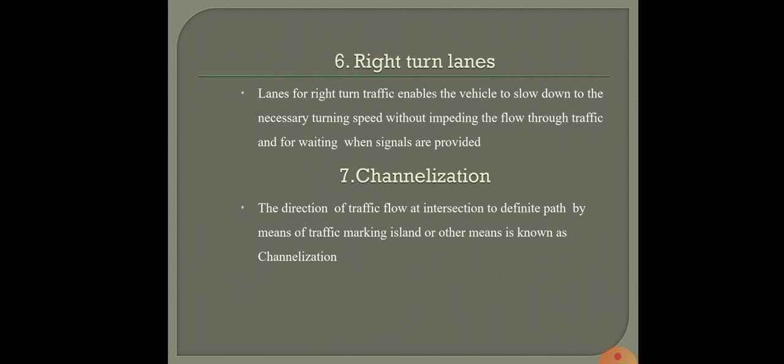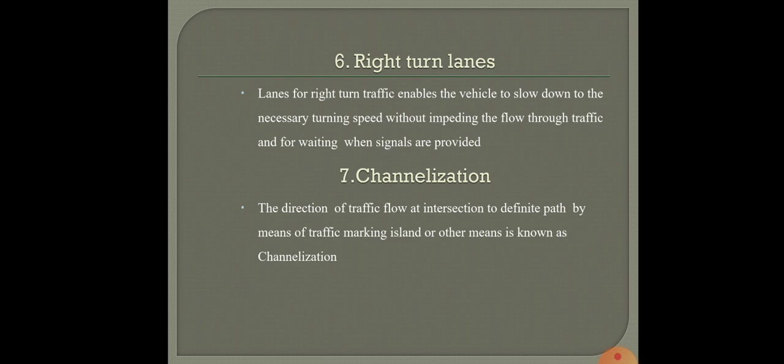And then coming to the channelization, this is nothing but the direction of the traffic at the intersection, which will be channelized or directed to a definite path by means of various markings on the road, or maybe even signals. So we have already discussed channelization while we studied grade separated intersections, rotary intersections, etc. So here the traffic flow will be directed to a definite path.